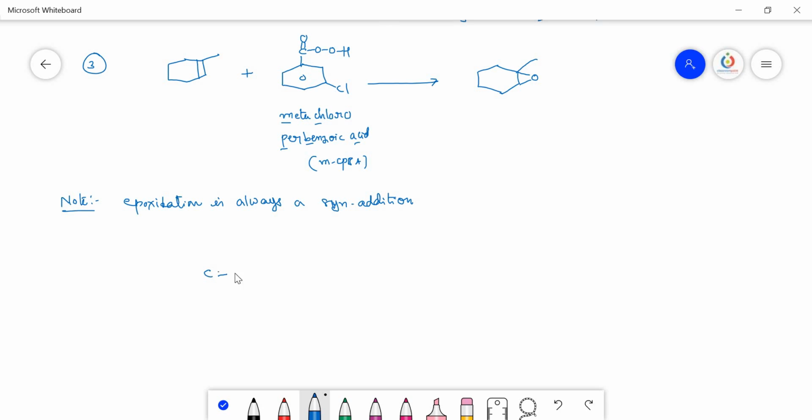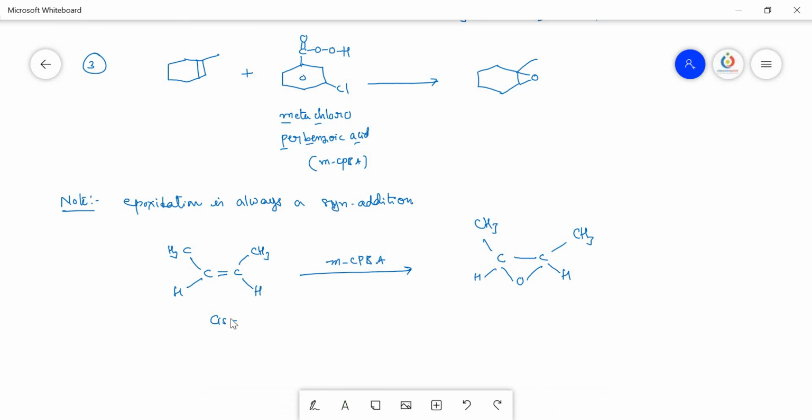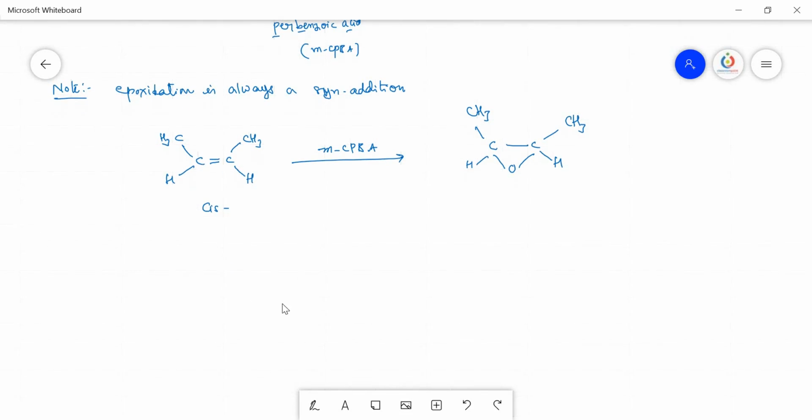So in such cases, if you take the cis alkene, this is the cis molecule. When it is subjected with MCPBA, you will get only one product. That product is also a meso product. Cis plus cis combination always gives meso. Trans plus trans addition gives meso. Cis plus trans or trans plus cis gives enantiomers.